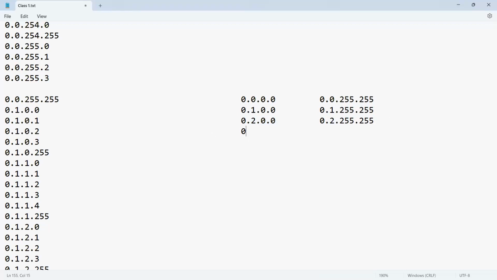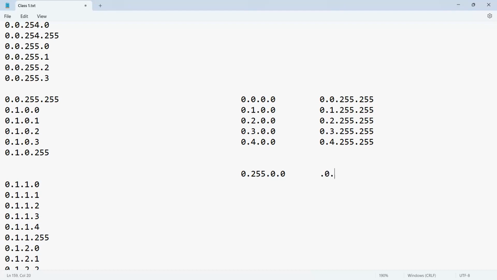As you can notice, the cycle repeats: 0.2.0.0 to 0.2.255.255, then 0.3.0.0 to 0.3.255.255, then 0.4.0.0 to 0.4.255.255, and finally the cycle goes on all the way up to 0.255.0.0 to 0.255.255.255.